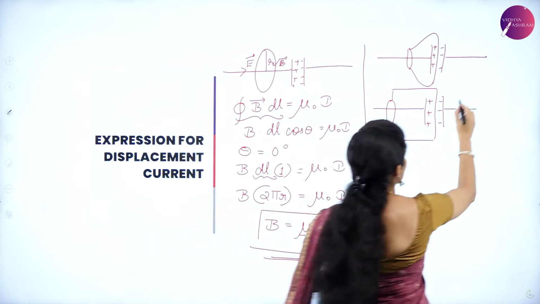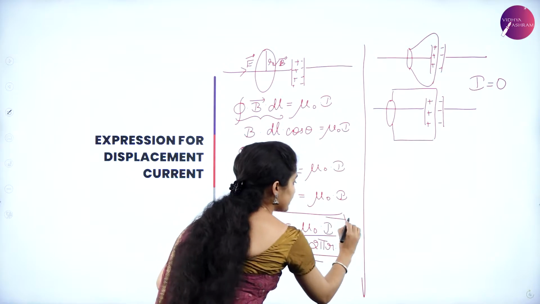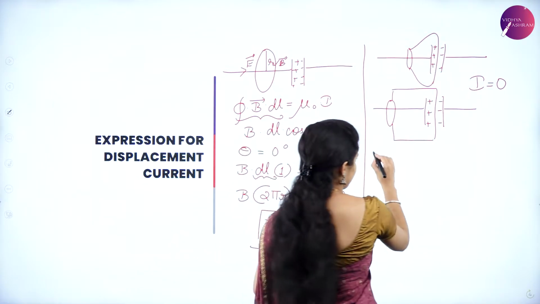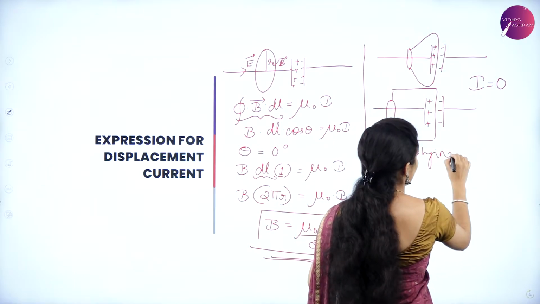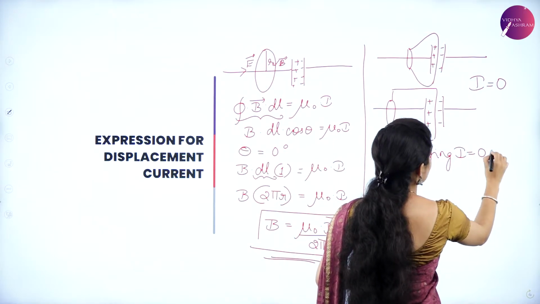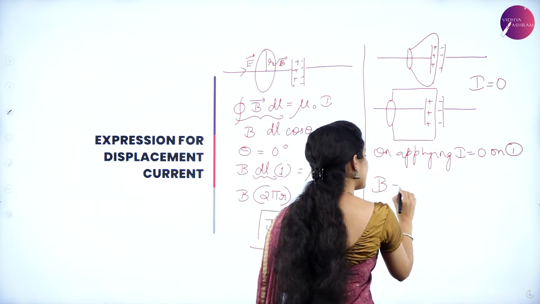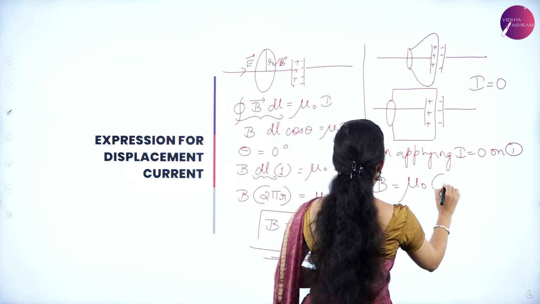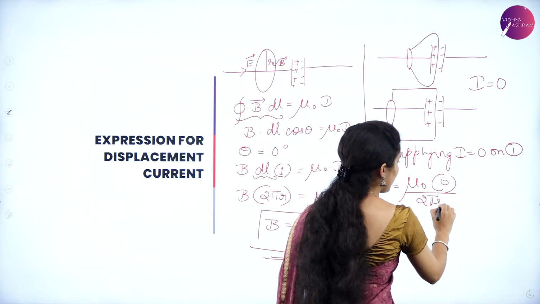So in both cases, when I is equal to 0, on applying I is equal to 0 to equation 1, what do we have? B is equal to mu naught into 0 divided by 2 pi r.